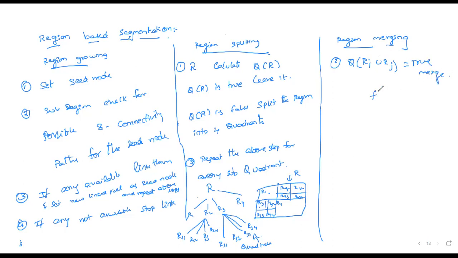If it is false, leave it. True means merge, false means leave it. Okay, this is the region merging. So this is the entire segmentation part.